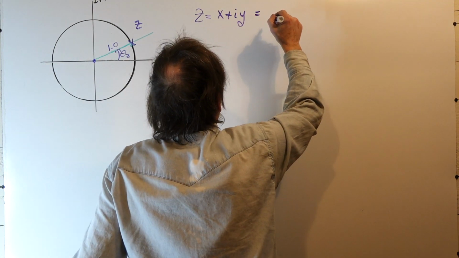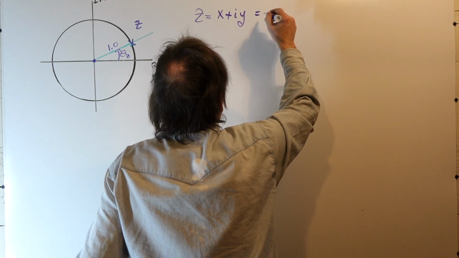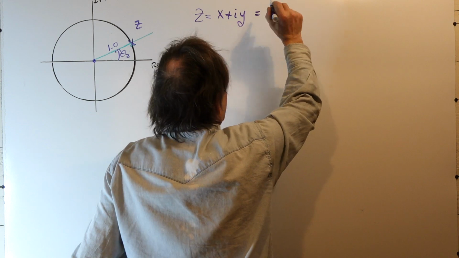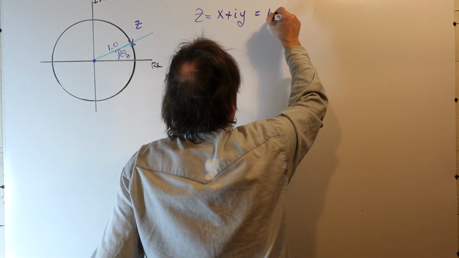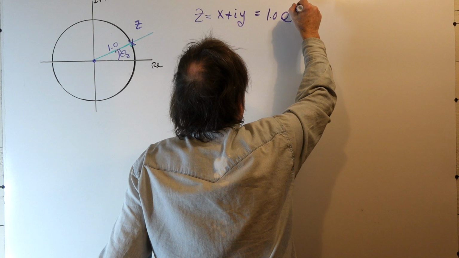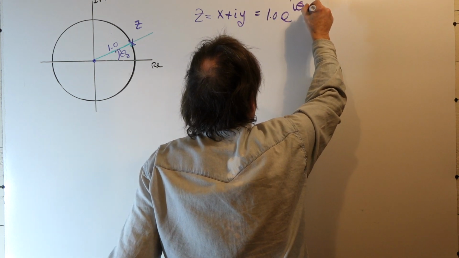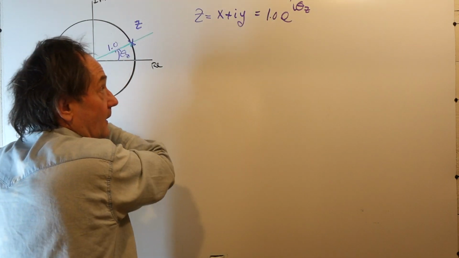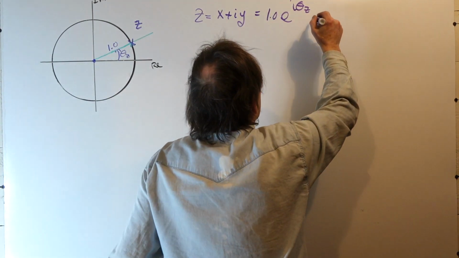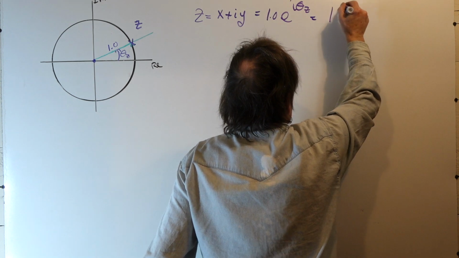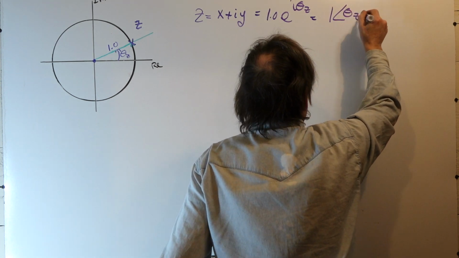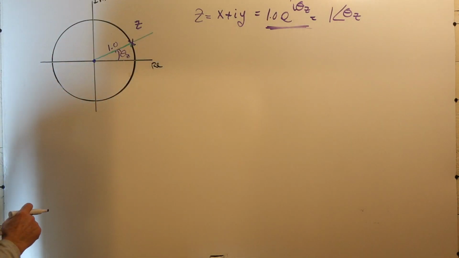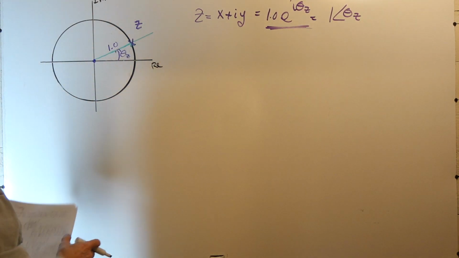And we can also represent this in exponential form, the magnitude, which is 1, times e to the i theta z. This is Euler's identity. And we can represent this in polar form as 1 at an angle of theta z. We're going to be interested in looking at it in the exponential form.